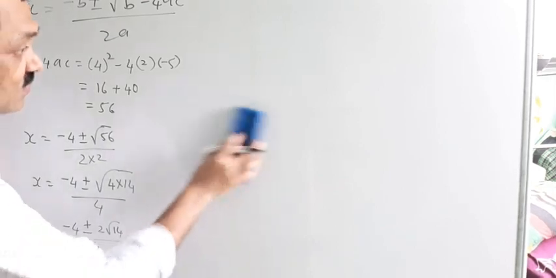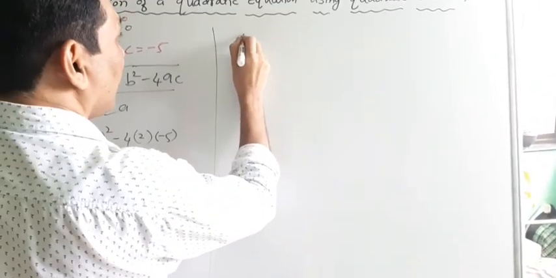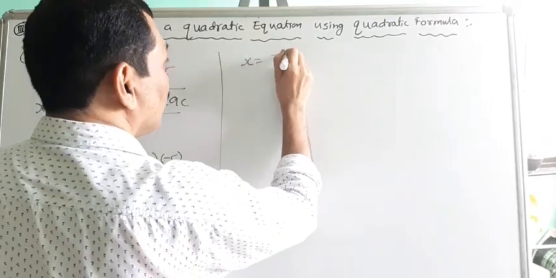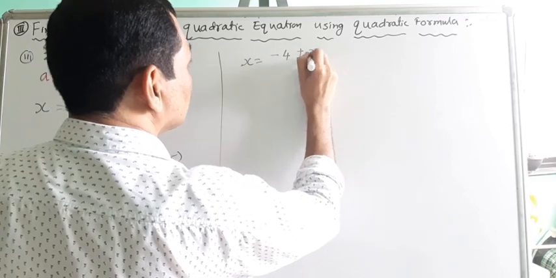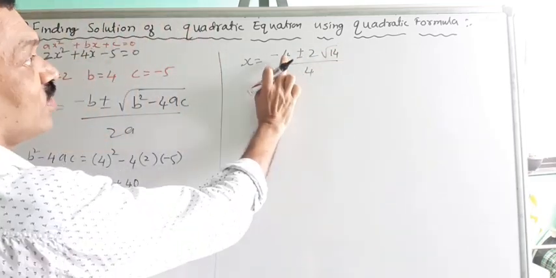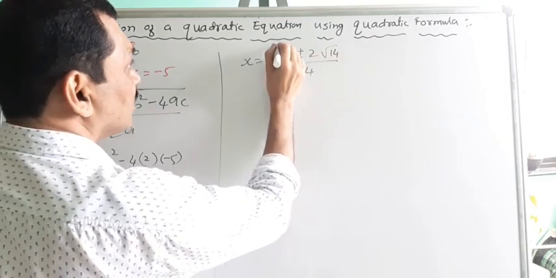Okay, so next step, x is equal to minus 4 plus or minus 2 root 14 upon 4. Here this is one term, this is another term. In both of these terms, this 4 can be written as 2 into 2.